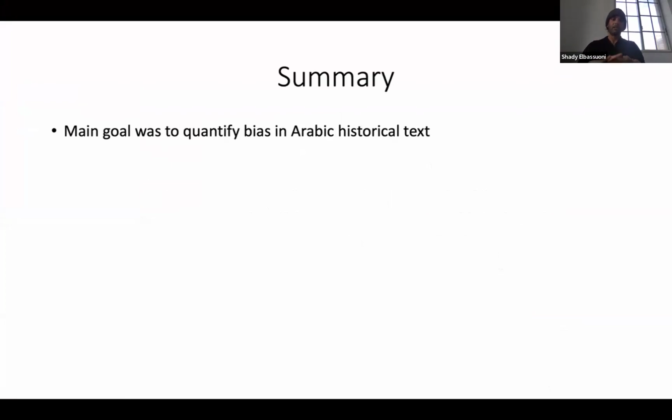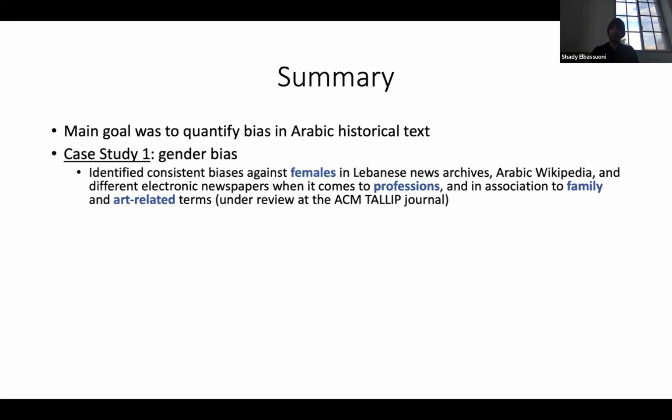Our really overarching goal in this project was to quantify bias in Arabic historical text. And we did two case studies. The first one focused on gender bias. We looked at various Arabic corpora, so Lebanese news archives, particularly As-Safir and An-Nahar, which we obtained from the AUB library and then digitized ourselves using tools such as optical character recognition.